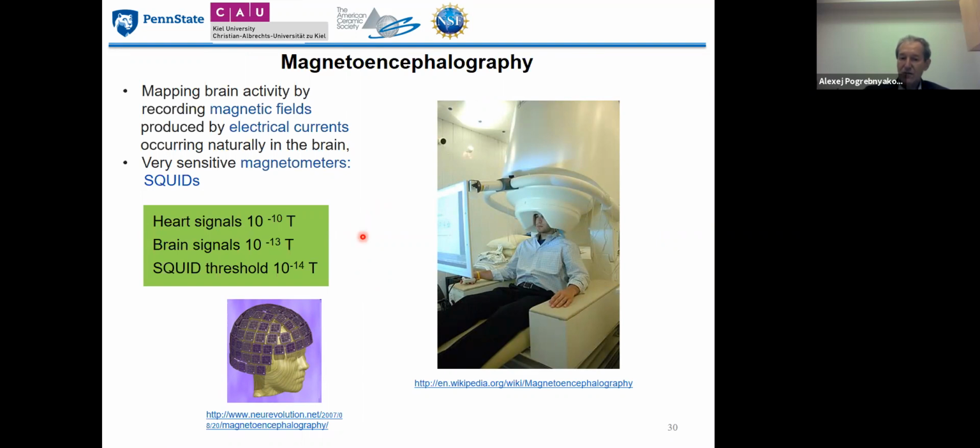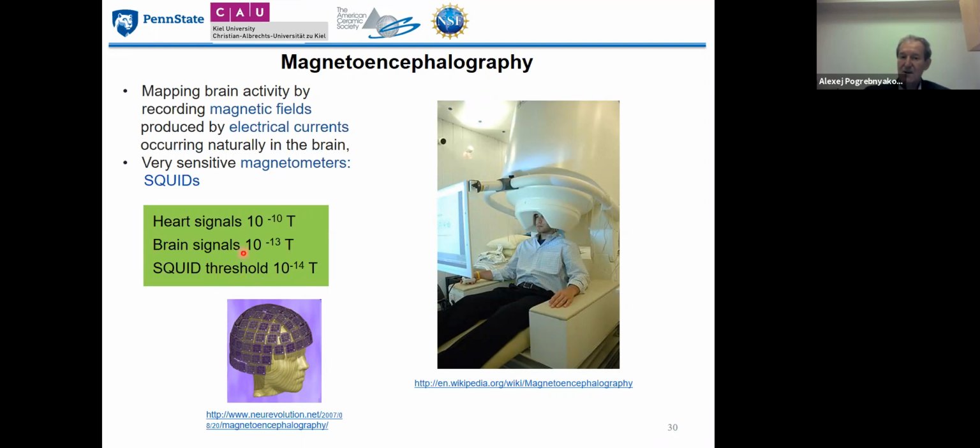Magnetic signals of the brain can be measured using these SQUID arrays, because the threshold of sensitivity for SQUIDs is near the quantum limit, about 2 times above the quantum limit. So the brain signals are much stronger than the sensitivity.